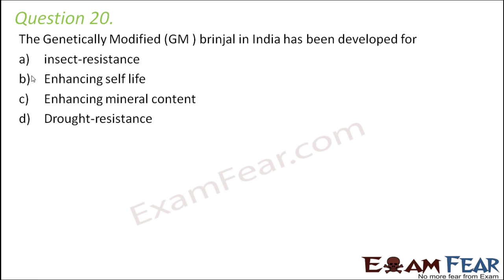Question number 20. Genetically modified brinjal in India has been developed for insect resistance, enhancing shelf life, enhancing mineral content, or drought resistance. So here the correct option is A, that is insect resistance. Now this genetically modified brinjal is basically Bt brinjal.